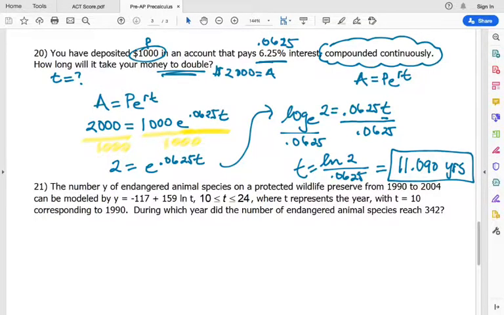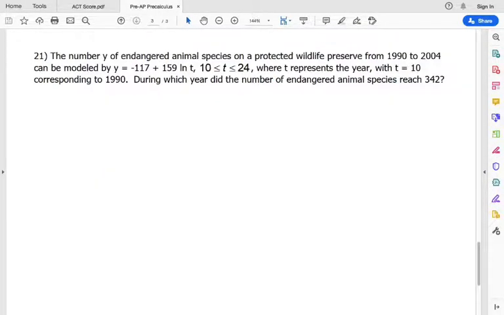Okay, number 21. The number y of endangered animal species on a protected wildlife preserve from 1990 to 2004 can be modeled by this equation. And we're doing it from time goes from 10 to 24, where t represents the years, t equals 10 is 1990, and t equals 24 is 2004.